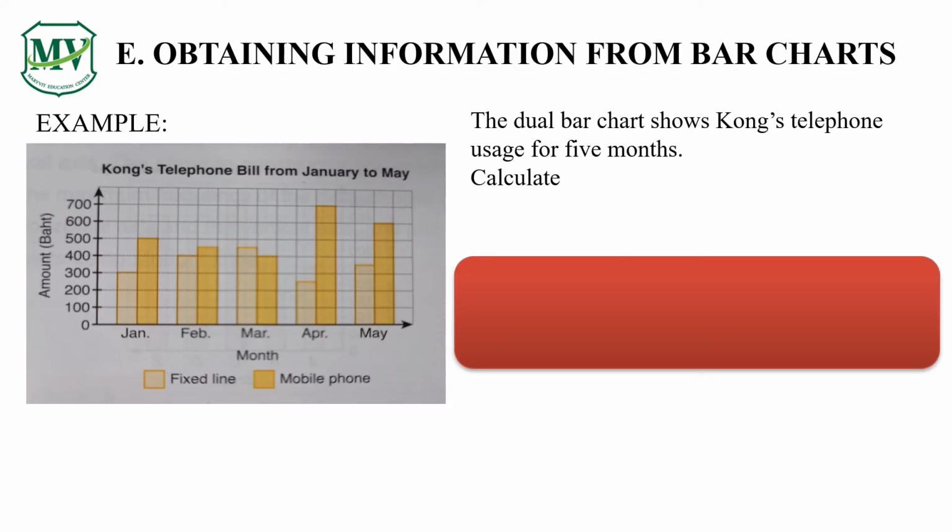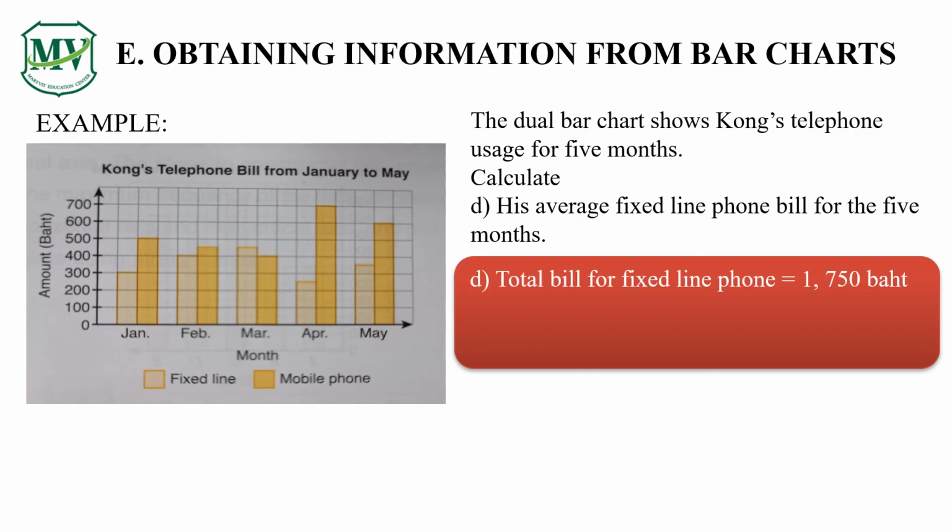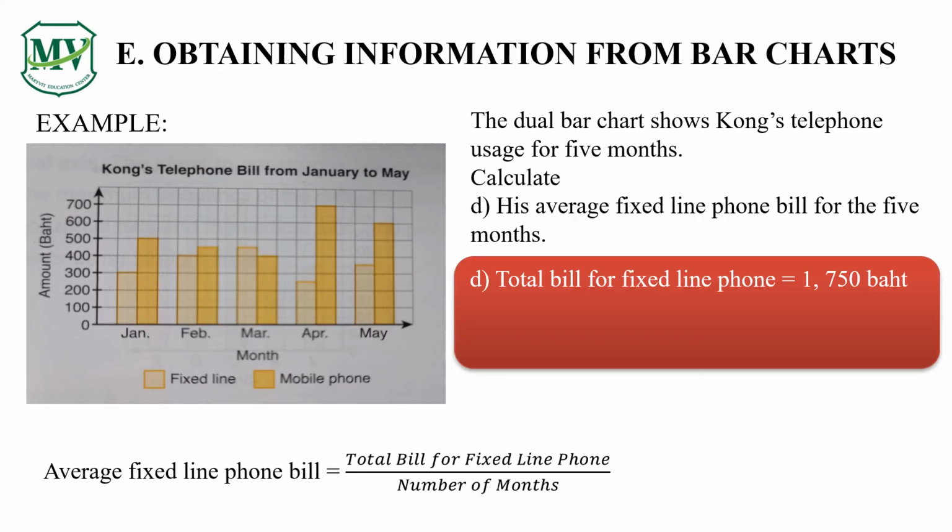Last question. Calculate his average fixed line phone bill for the 5 months. His total bill for fixed line phone is 1,750 baht. To calculate the average fixed line phone bill for the 5 months, we are going to use the formula: average fixed line phone bill is equal to total bill for fixed line phone divided by number of months.